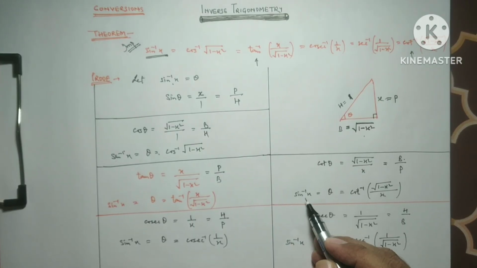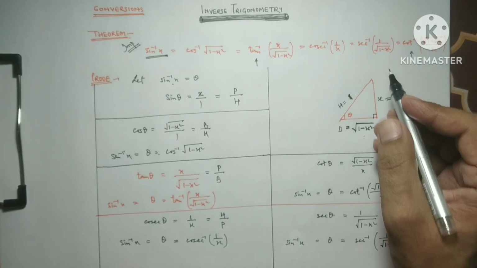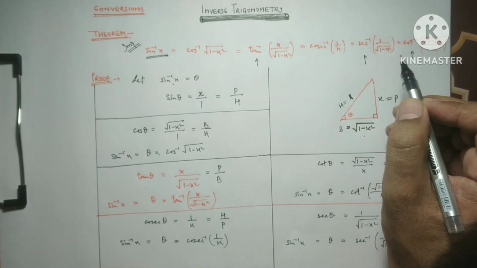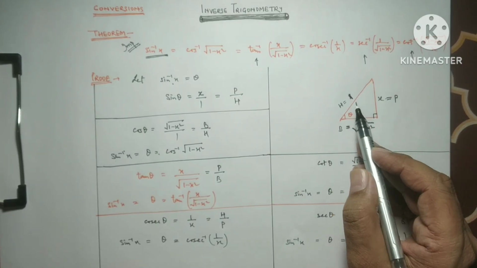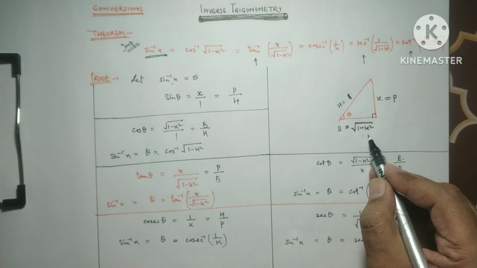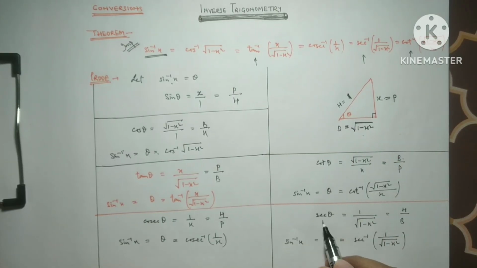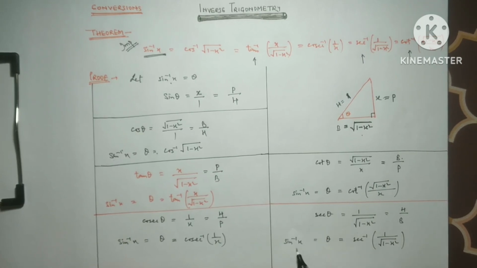So this is a simple conversion of sine inverse into cot inverse. In the same way, when we collect the sec inverse, sec theta is h over b. H is 1 and base is under root 1 minus x square. So theta is sec inverse of 1 over under root 1 minus x square, and theta is sine inverse x.